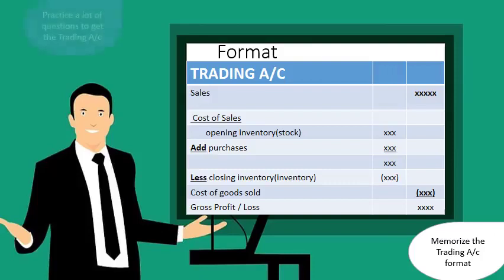Let's talk about the cost of sales now. The cost of sales includes opening inventory or stock. I would like to call opening inventory a historical purchase. By historical purchase, I mean goods which you purchased in the past. So opening inventory is goods that were purchased in the previous month but were not sold in that month.